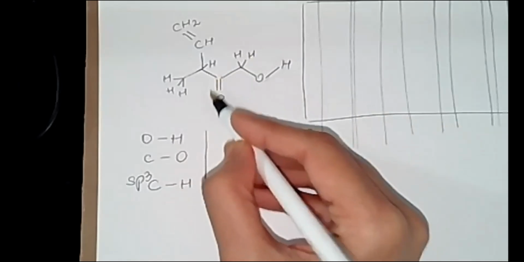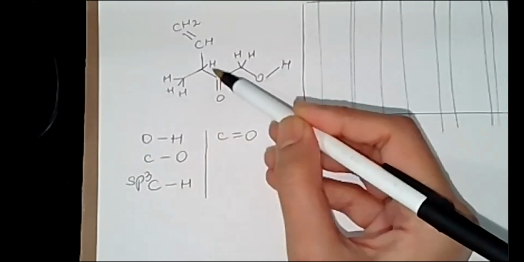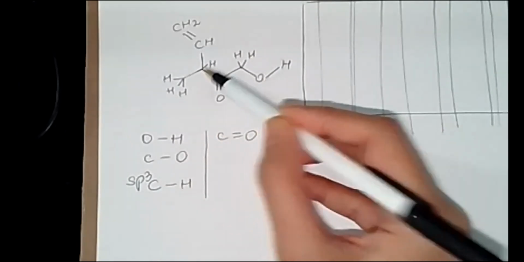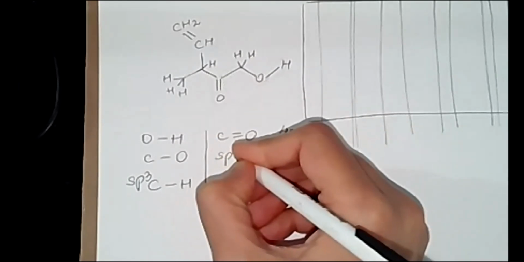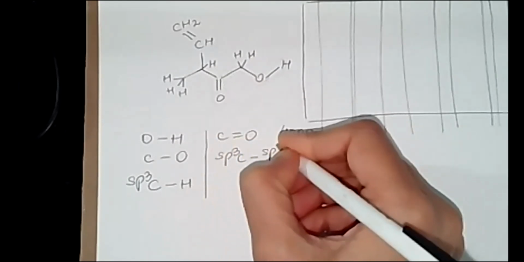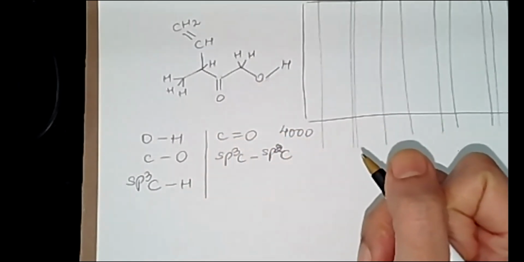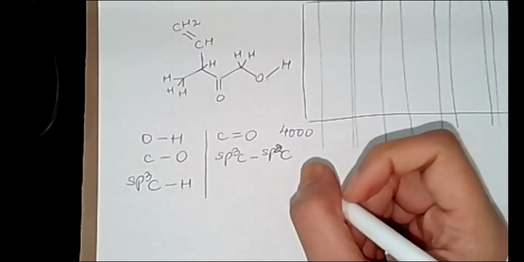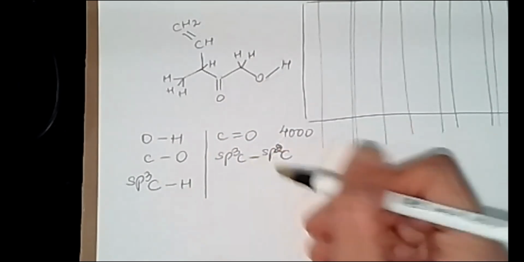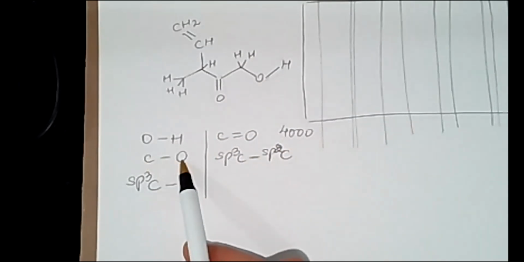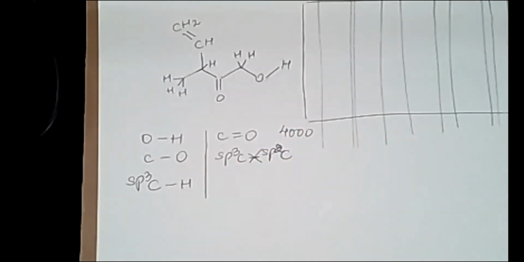I also have a C double bonded oxygen bond. This carbon, which is sp3, and this carbon, which is sp2. I can write it. However, when we were looking at our IR packet, how to look at the IR packet, I specifically mentioned that all the single bonds except for C double bond O are useless for our IR.